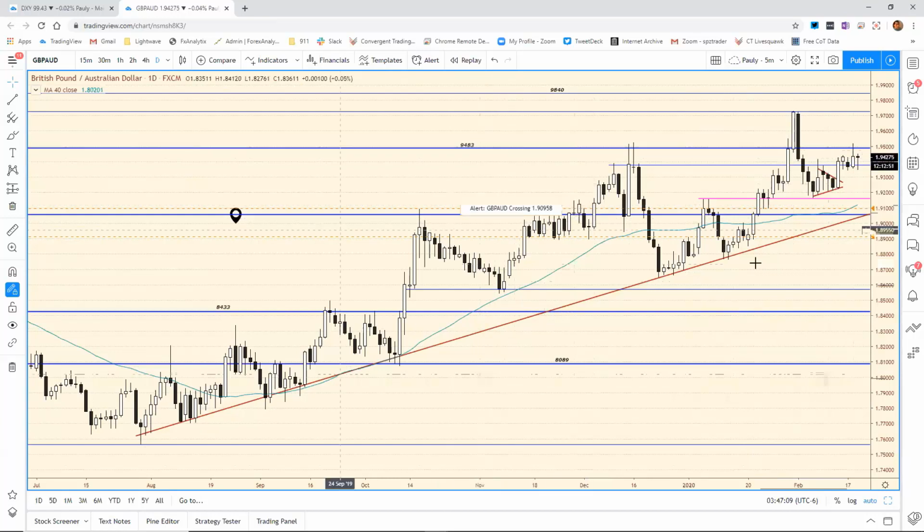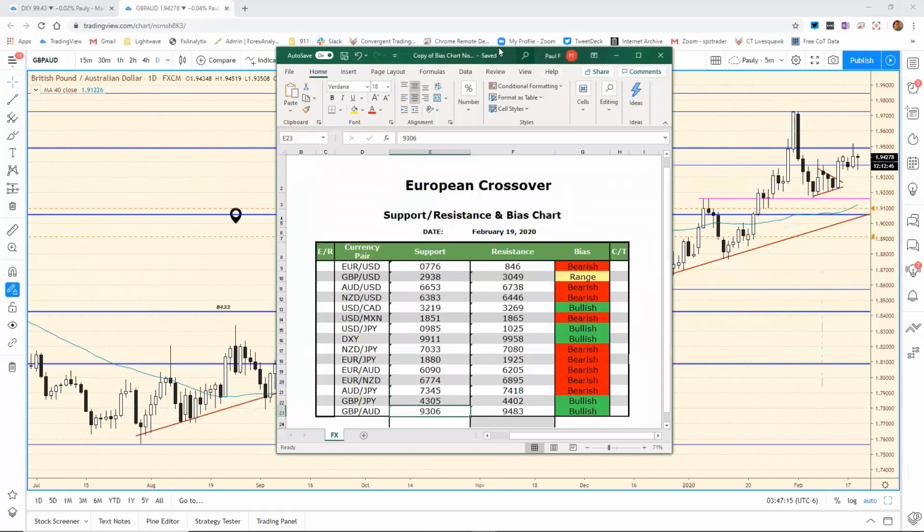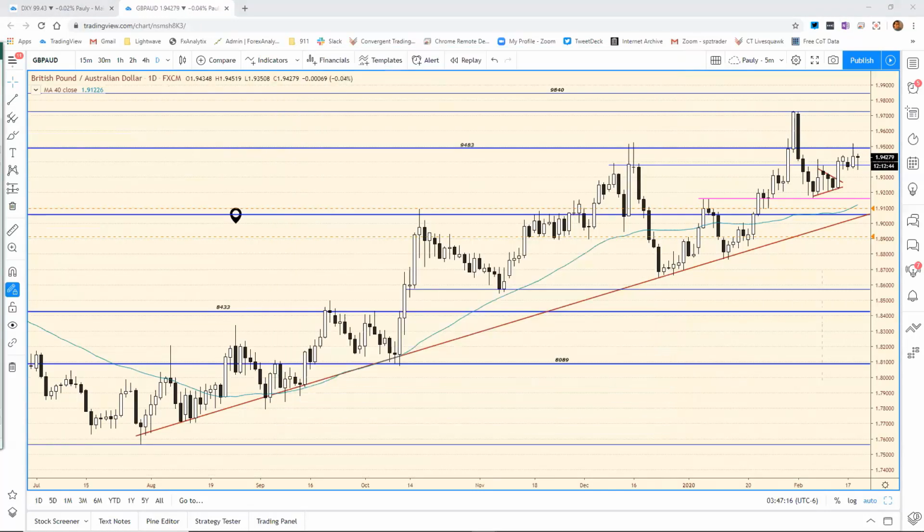So we're going to be looking here, 94.83, major level. We already have that marked off. And on the downside, right there, you see that? It's going to be 93.38.